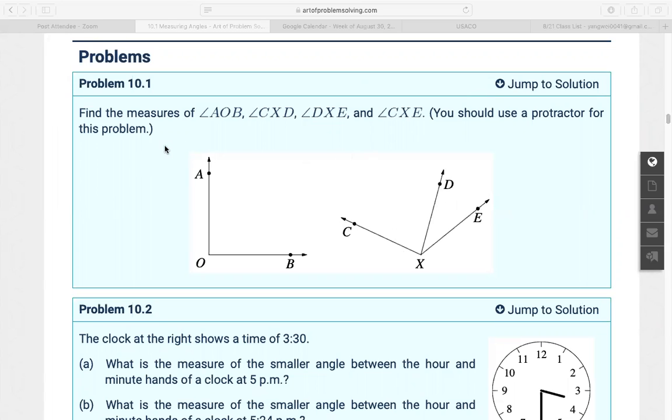You can just estimate if you don't have a protractor. 85, Christopher estimated 85. I think probably a little bit less than that, could be about 80 degrees. 75 to 80 degrees. Okay, Sean estimates about 80 degrees.